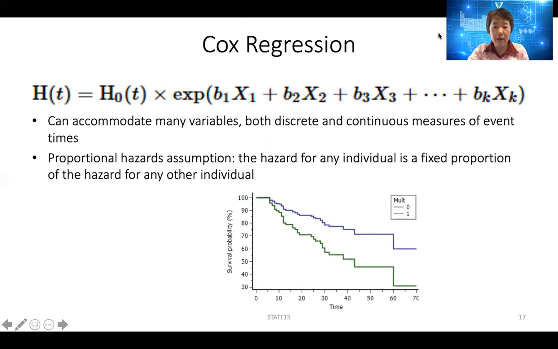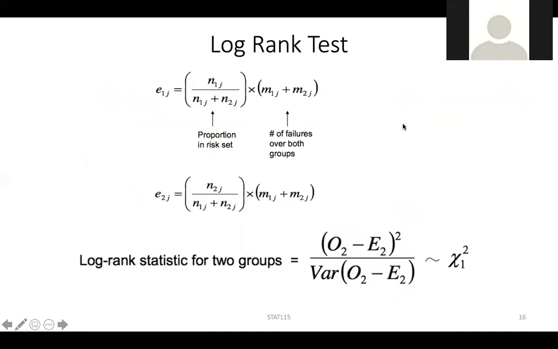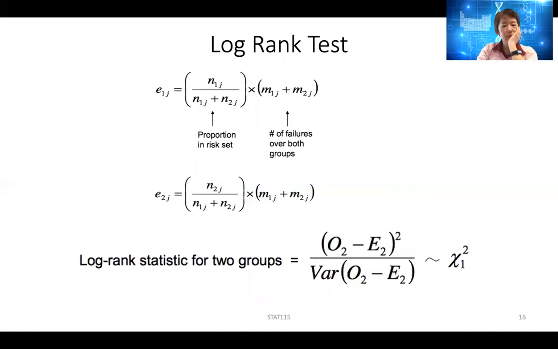So we have a question. Yes, Jack. Sorry, can you go back to the log rank test? Can you explain how to exactly calculate this statistic at the bottom? I'm not sure how to do the variance. So normally how do you do a chi-square test in a 2x2 table?